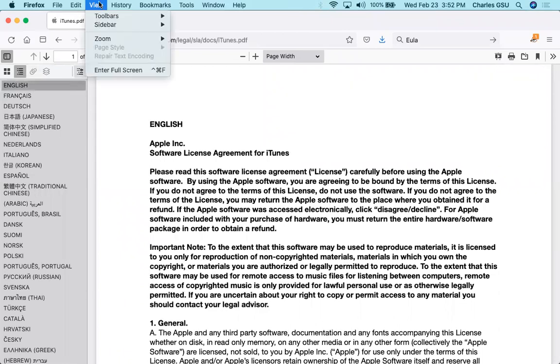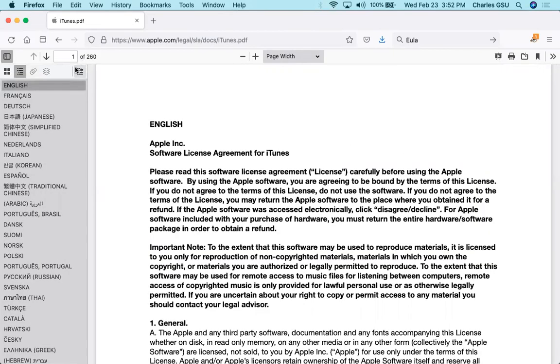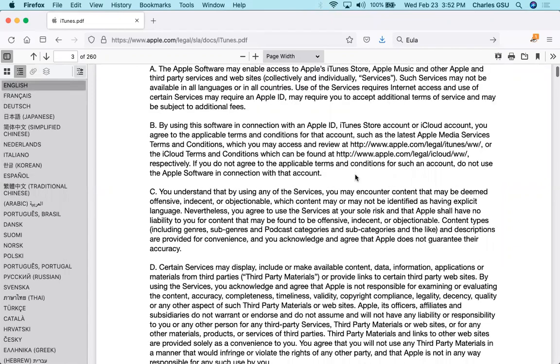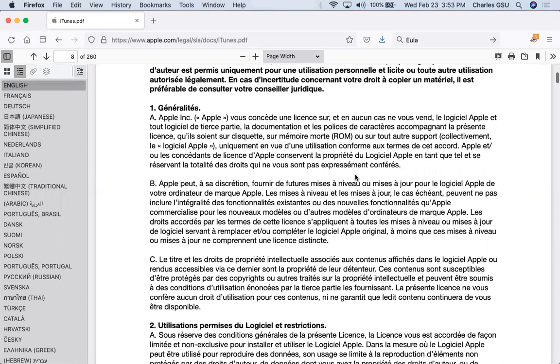Most of us are not, right? So it's just incredibly verbose in different languages.